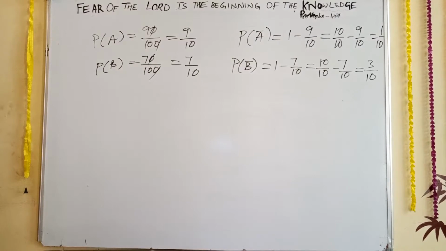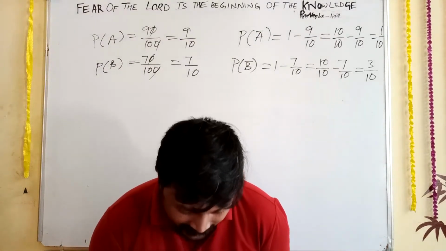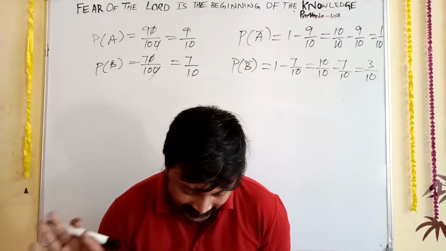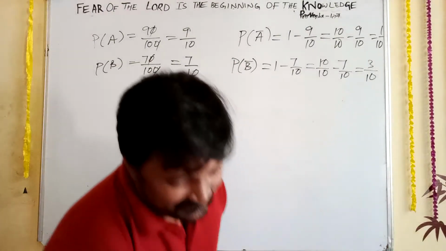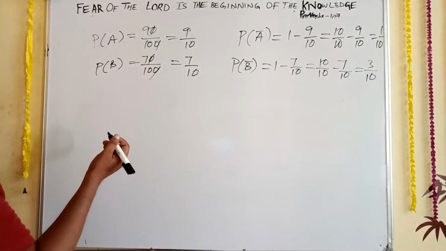What do I need to find in this? What is the probability that at least one of them will solve the problem selected at random from the book? So at least one person needs to solve the question. What are the possibilities?